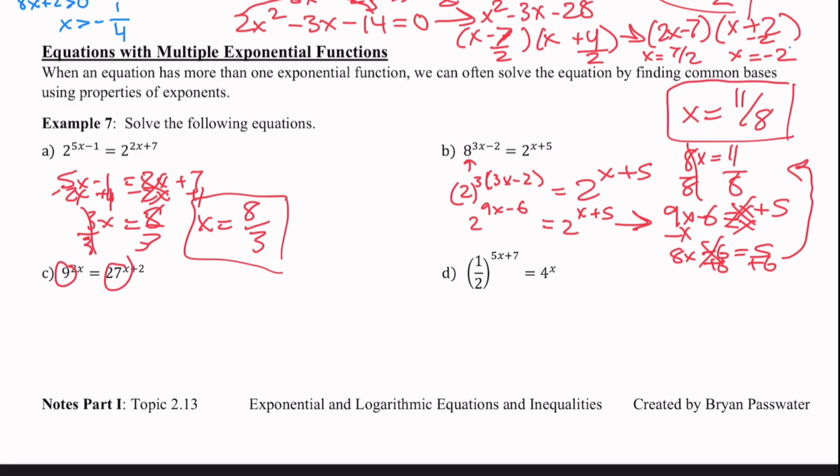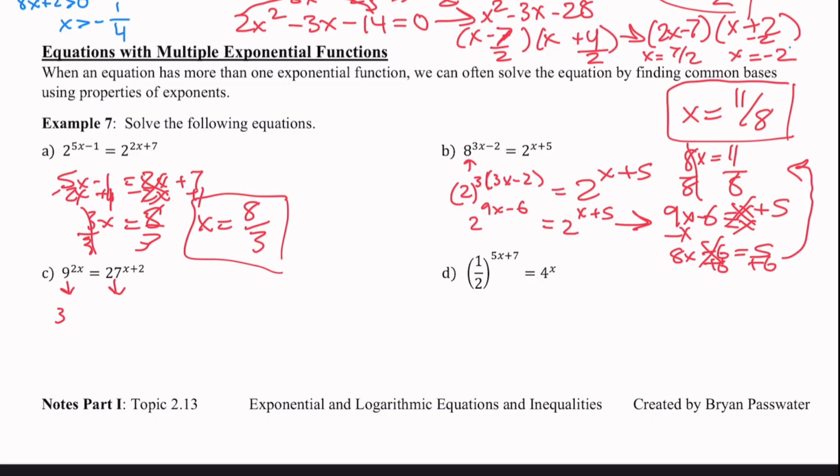Okay, so we have here, we know 9 to the power of something would not give us 27, so we can't do that directly. But we do know that 9 is the square of 3 and 27 is the cube of 3. So we can change both of them to base 3.